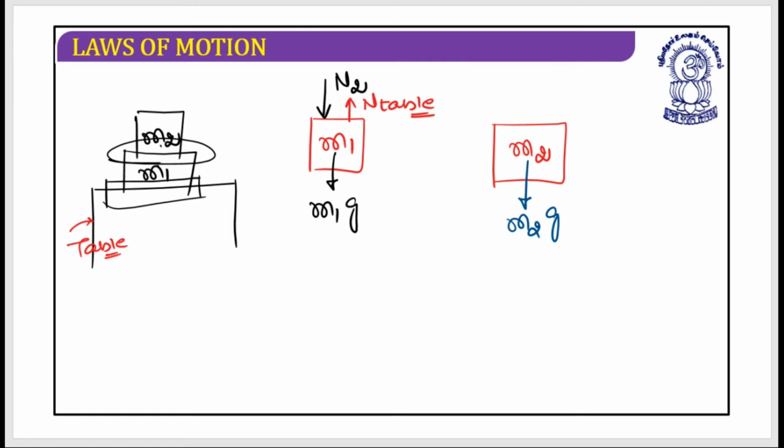Block M1 and block M2 are in contact, and if they are in contact, then M1 will apply a force on M2, and the direction of this is upward, and this could be written as N2. I hope these things are clear. So this is the free body diagram of M1, and this is the free body diagram of M2.